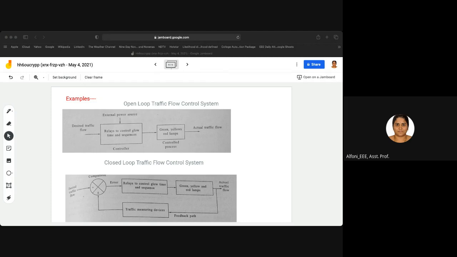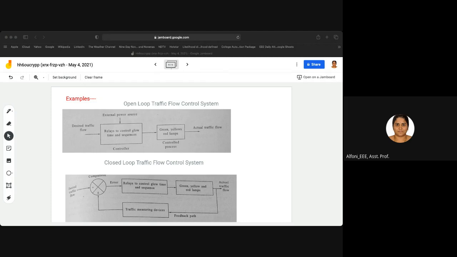The traffic on the road becomes mobile or stationary depending upon the duration and the sequence of the lamp glow. The duration and sequence are controlled by relays which are operated from an external power source. These relays are adjusted for particular values of time duration and sequence for the desired traffic flow through a calibrated dial.